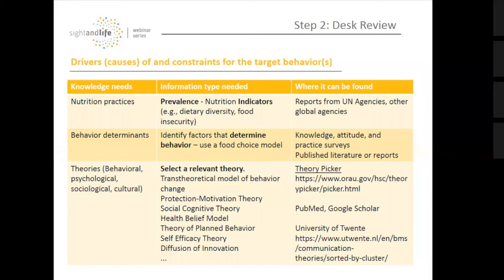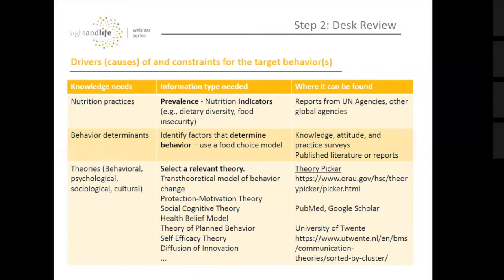And here again, you can use the help from your brain trust. So remember, a member of your brain trust is a knowledge partner, so you can ask them to help you find theories that are relevant for eating choices. I've listed in the second column the most common theories that you'll find in nutrition. I'm not advocating for any one of these in particular, so it's just a list.